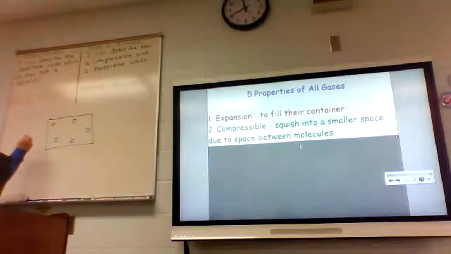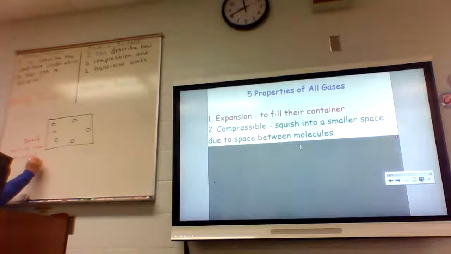And because there is lots of space, the particles can be pushed together. Now, even if you have something like cork, I often get people who say it's small. Cork is a solid and it can be squished. Yes, it can, but what's cork filled with? Air. Air holes. Like the pieces of wood that are in tops of wine bottles.